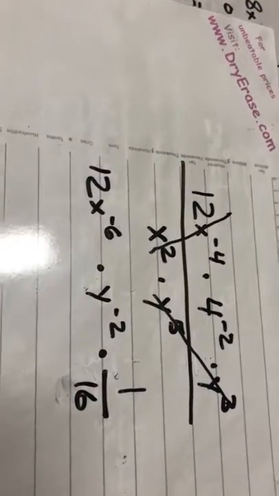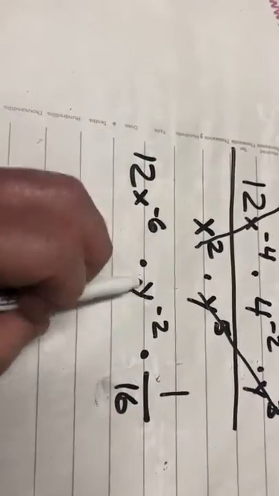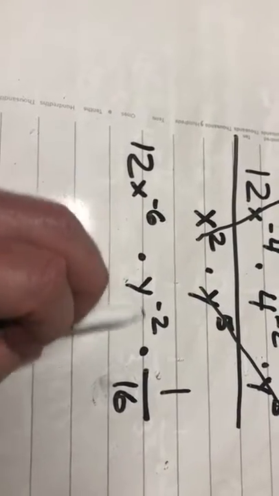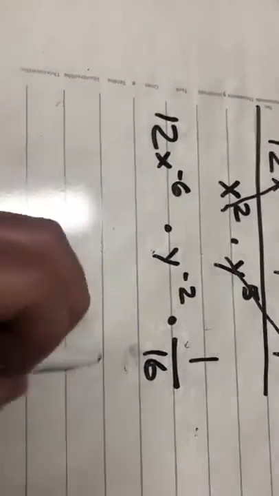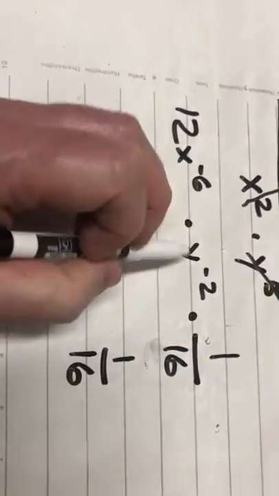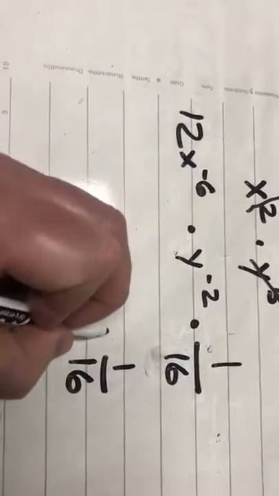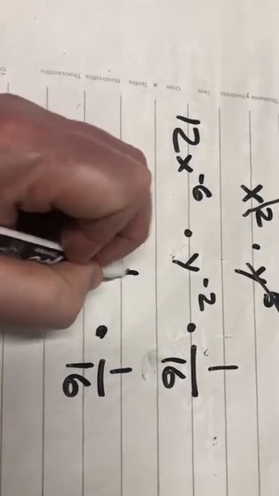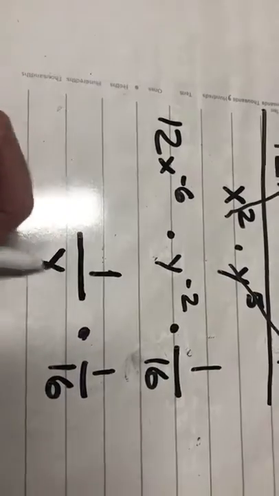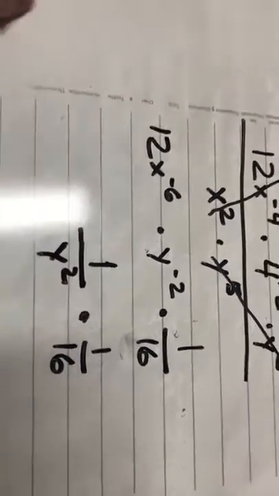All right, so now I have y to the power of negative 2. That also needs to be a fraction. So I can bring my 1 over 16 straight down. I know my y to the power of negative 2 is going to be a fraction with 1 as the numerator, and the denominator is going to be y to the power of 2.